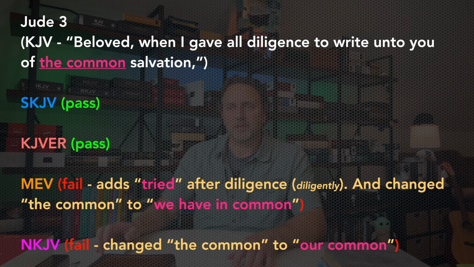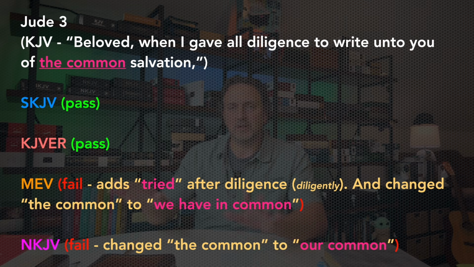So Jude 3, sorry, there's only one chapter. Jude 3, KJV: Beloved, when I gave all diligence to write unto you of the common salvation. The Simplified KJV is a pass. KJV Easy Read is a pass. MEV, New King James, fail. The MEV adds tried after diligent.